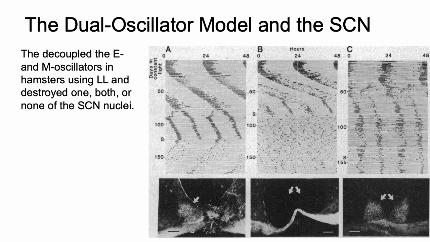They wanted to decouple the E and M oscillators, which they did. And then they subjected hamsters to one of three possible manipulations. One was destroying, also known as ablating or lesioning, the SCN. So they got rid of it.